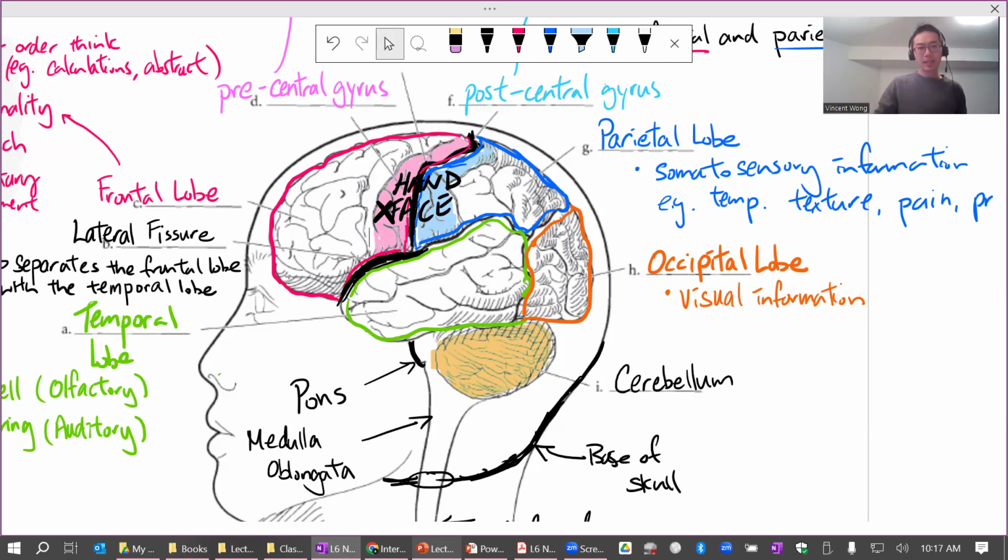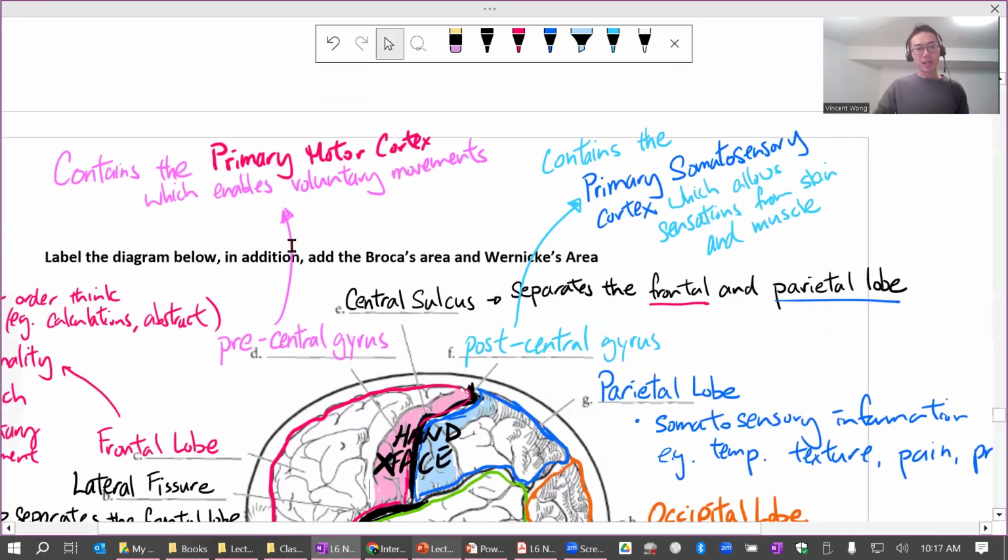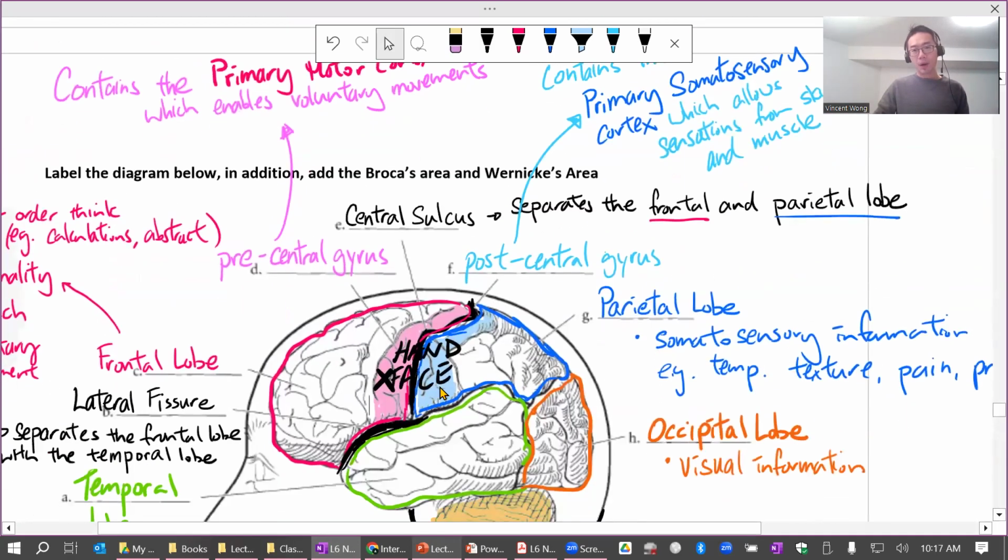The red part, pink part. The pink part is for movement. The blue part is for sensation. If you only damage the red part, and this is the left brain, right? Then the person will not be able to move the right half of the face. That's why it's the droopy face, as was said. But they can feel it just fine.